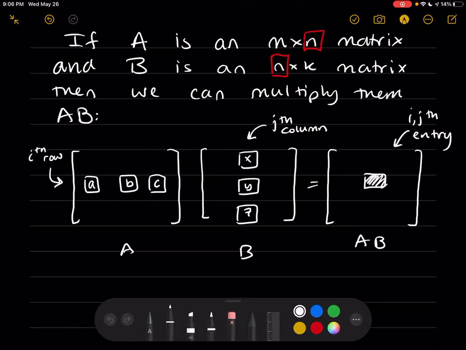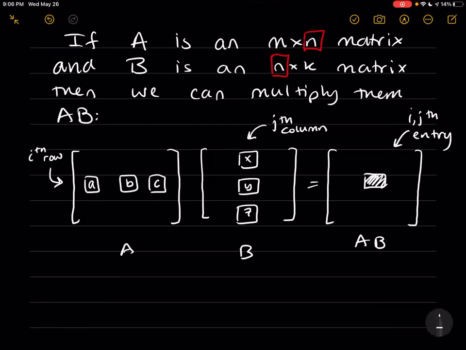Okay, and in particular, that entry is going to be A times X plus B times Y plus C times Z. And this works if you have more entries.